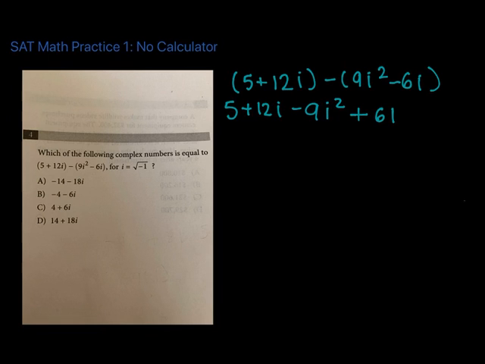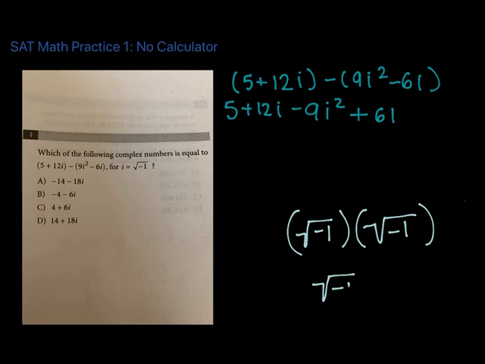Okay, so next we would take into consideration i, and we know that i is the square root of -1, but let's see what i squared is. So we take the square root of -1 and multiply it by itself, and that would just be the square root of -1 squared.